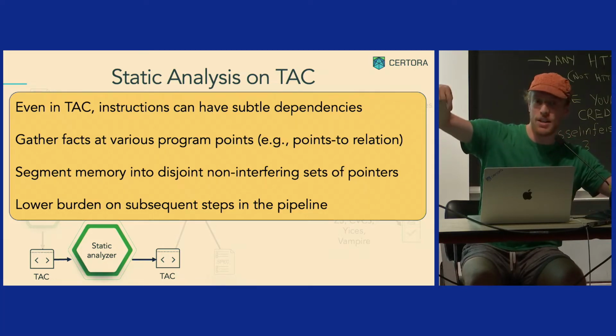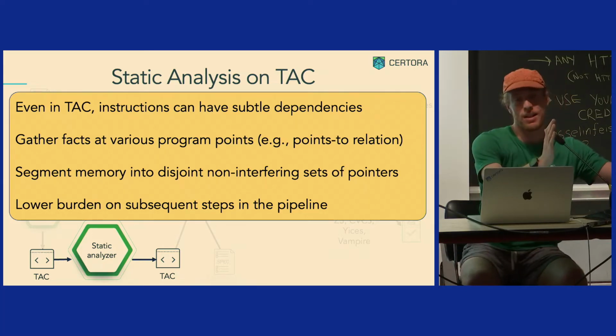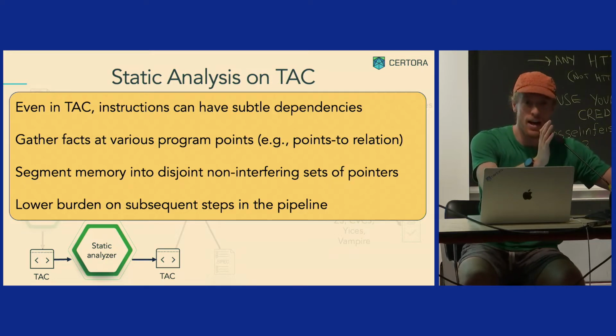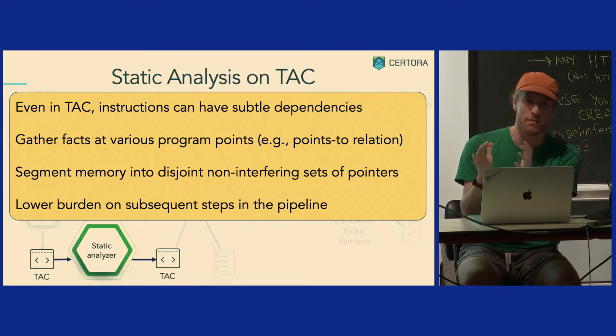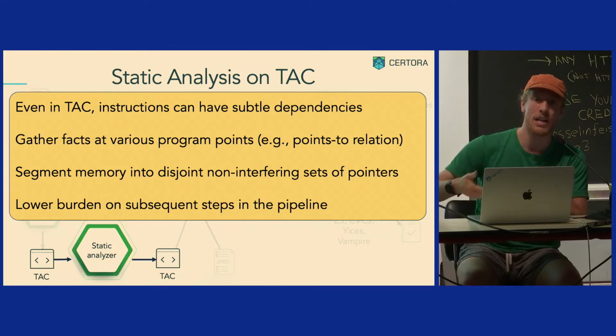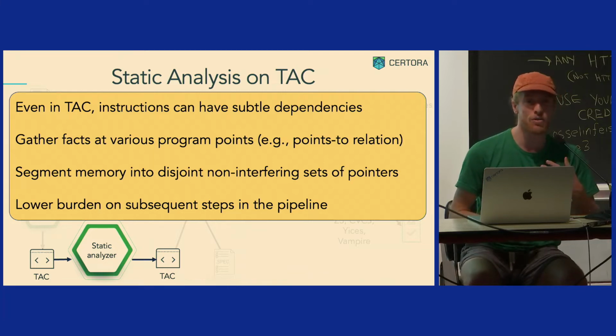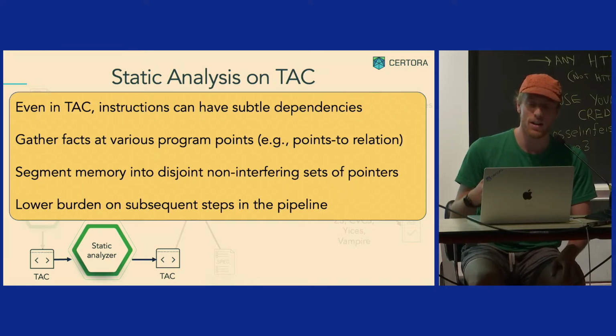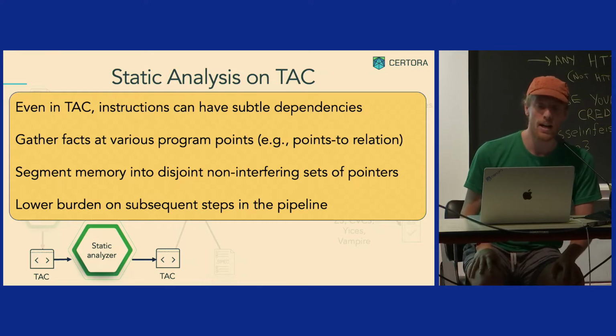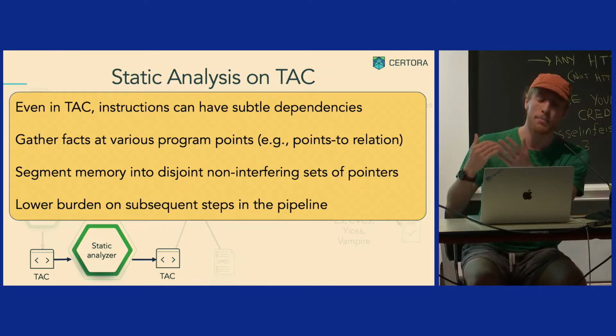Then every modification to region A, we don't have to even think about region B. So that means that there's a smaller set of modifications that the solver has to think about. So these are kind of the things we're trying to do. We're trying to give just easier queries to the solver, and it turns out a lot of these classic analyses can help a lot, and many of them kind of build on each other.